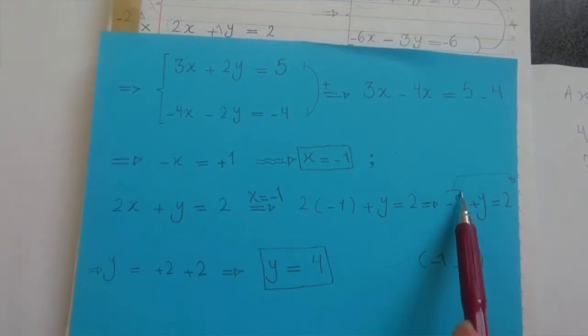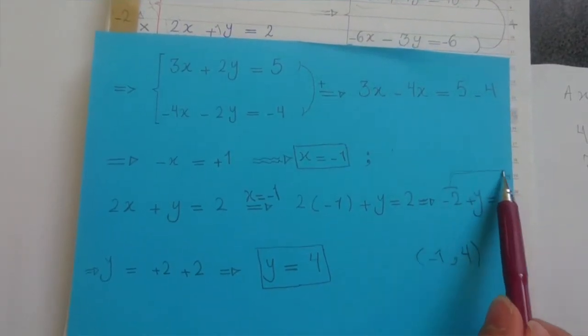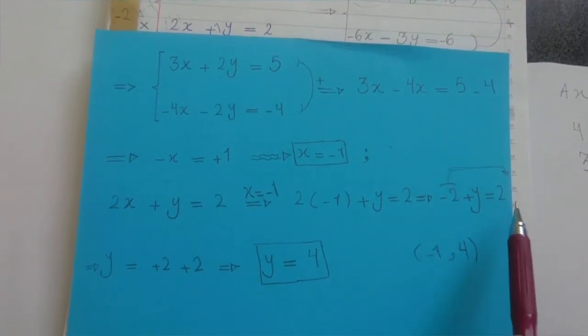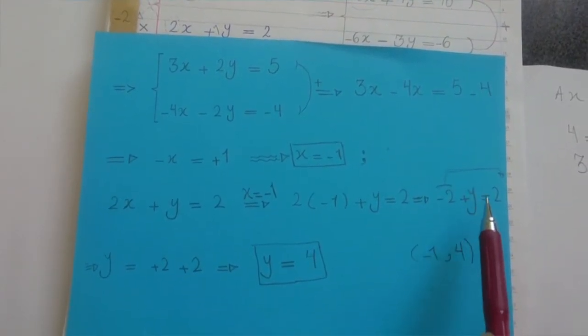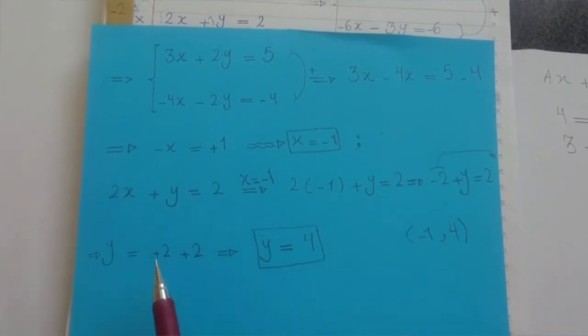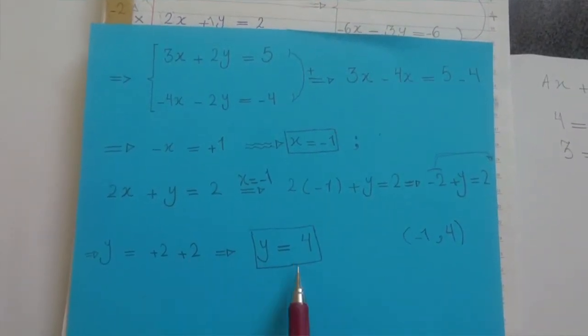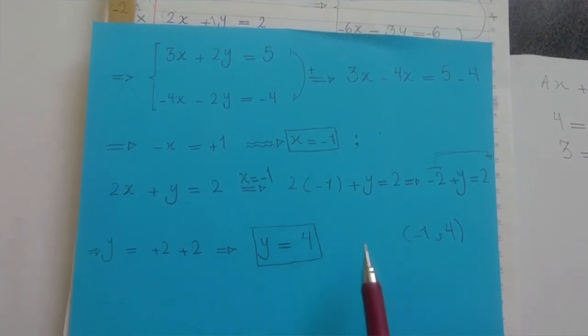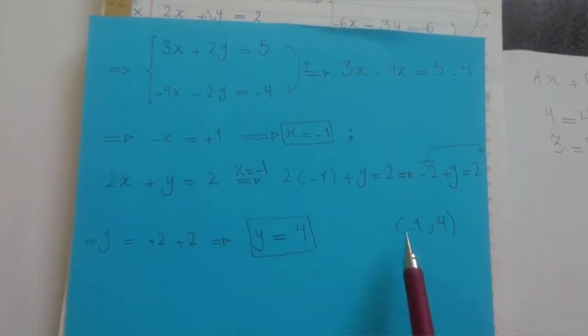We move this negative 2 to the other side of our equation, so it's positive 2, and we have y equals 2 plus 2, which is 4. So the answer of this system of equations is negative 1 and 4.